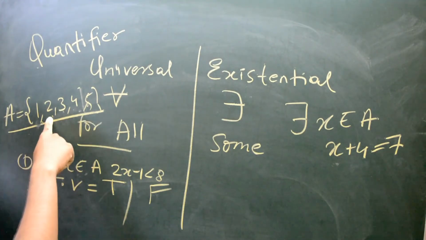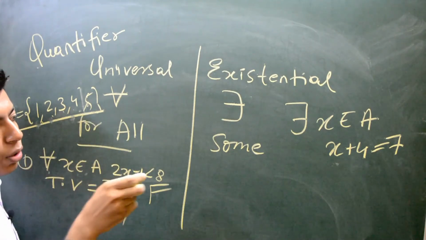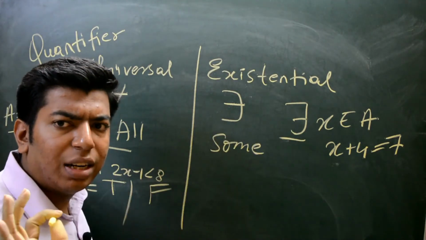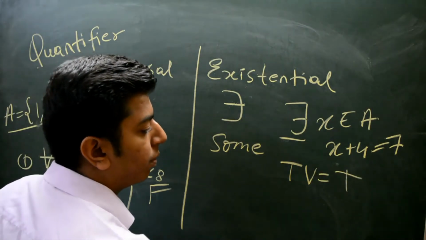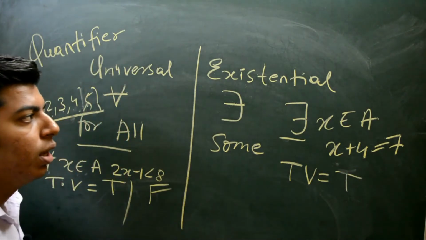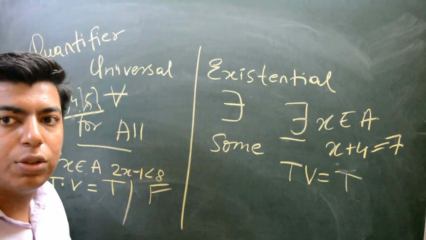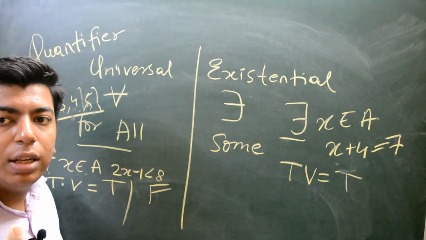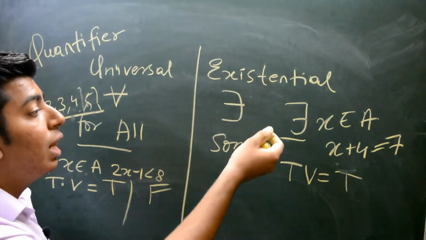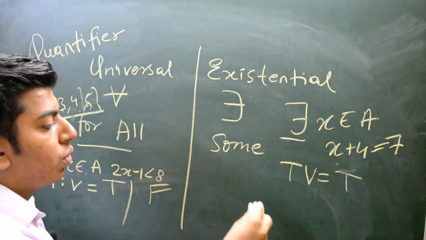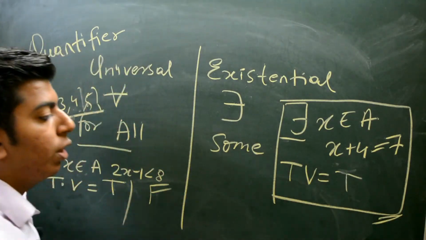Then 2 plus 4 is 6, not equal to 7. 3 plus 4 is equal to 7. So for one condition it is satisfying, then its truth value is T. Even if there are 5 conditions given, but just some conditions are satisfying, existential quantifiers are like this.